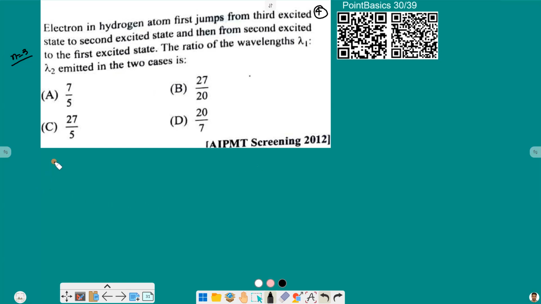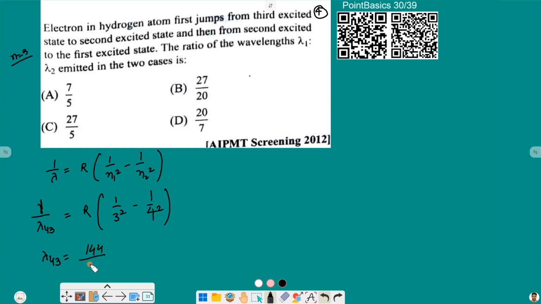Now wavelength is 1 by lambda is equal to R times 1 by n1 square minus 1 by n2 square. So between fourth and third, it will be 1 by lambda 4 3 is equal to R times 1 by 3 square minus 1 by 4 square, and from this lambda 4 3 will be 144 by 16 minus 9, that is 7R.